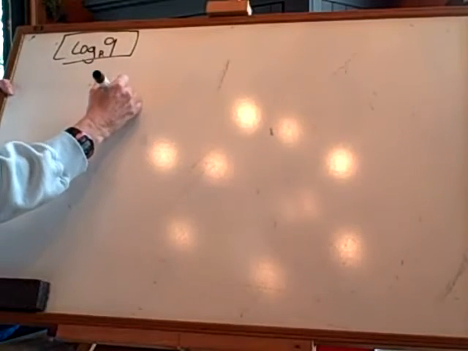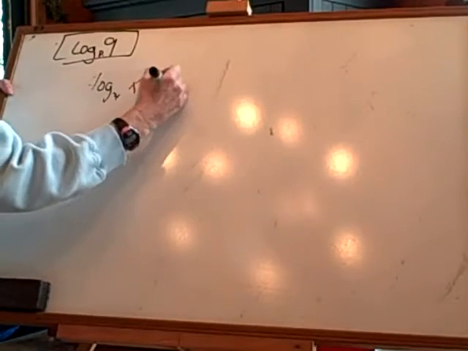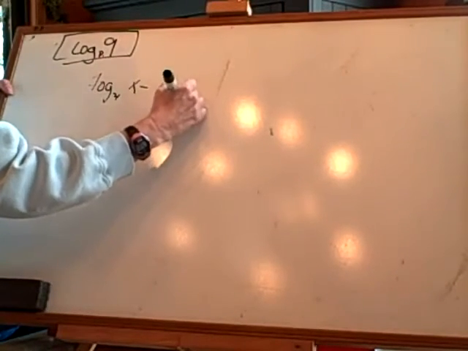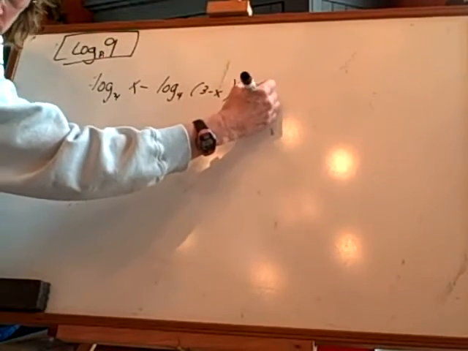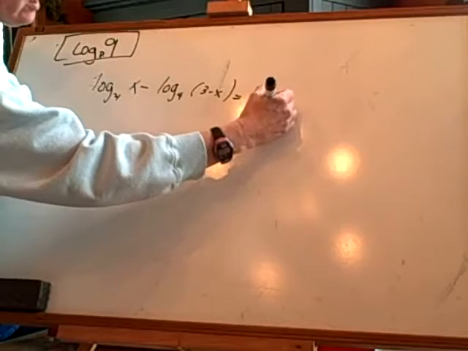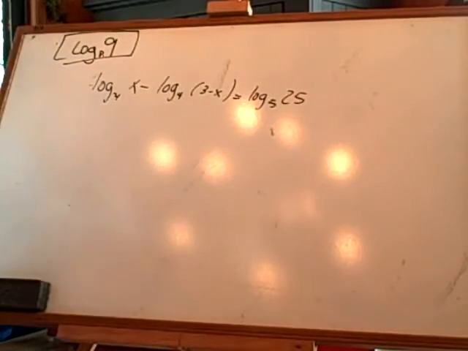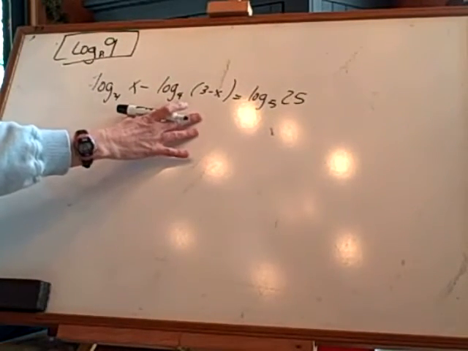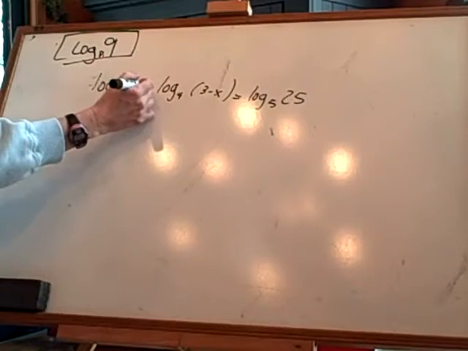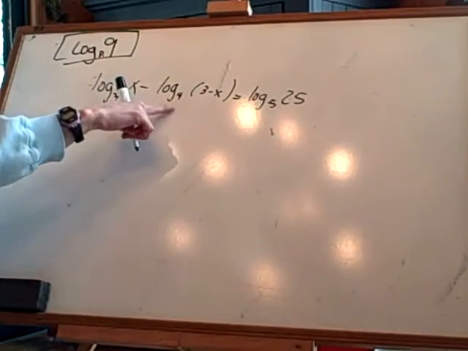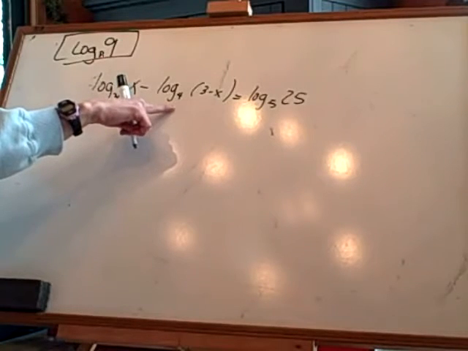Log base 4 of x minus log base 4 of 3 minus x equals log base 5 of 25. Now I can combine these, using the fact that subtraction means you do the division. And since the log bases are the same, that's totally cool.